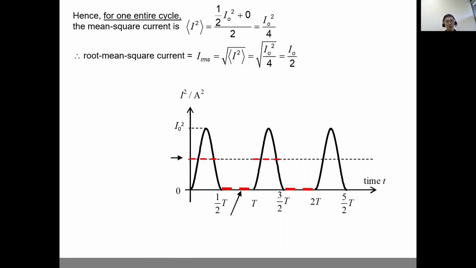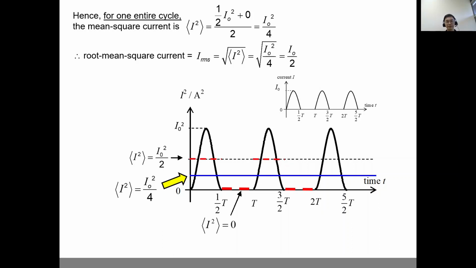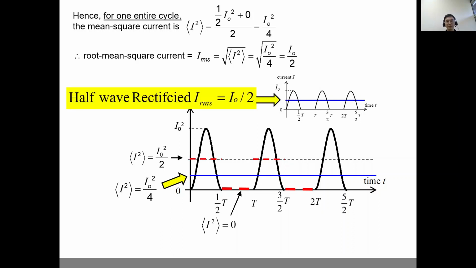So what's left is to take the root of that value. The root of the mean square value is I0 over 2. You square root I0 square over 4, you get I0 over 2. So you root it back, you get that.